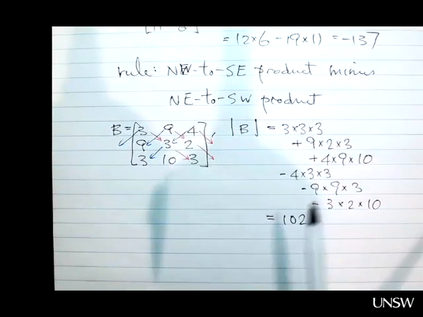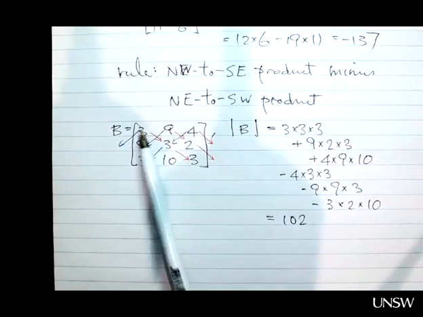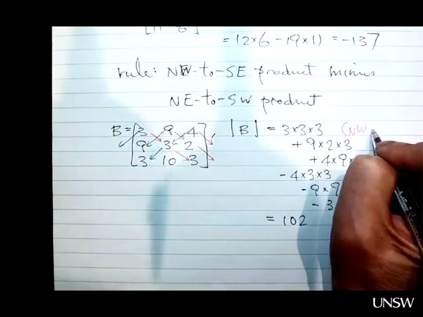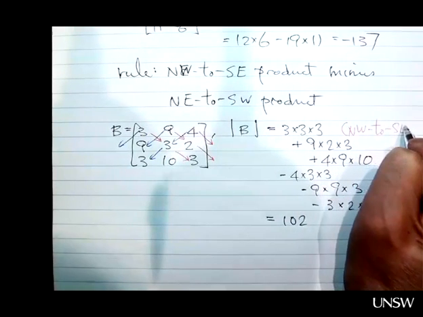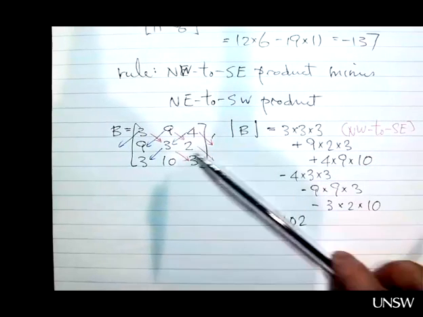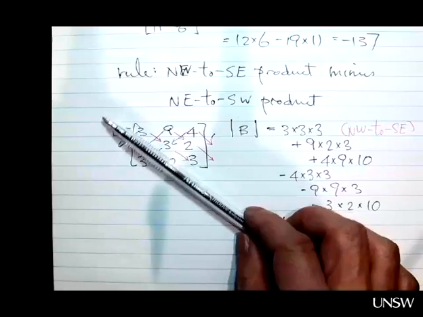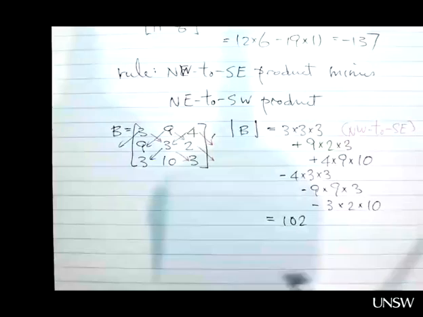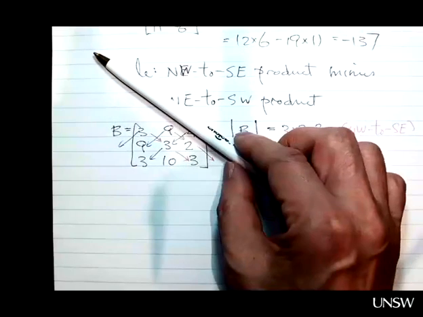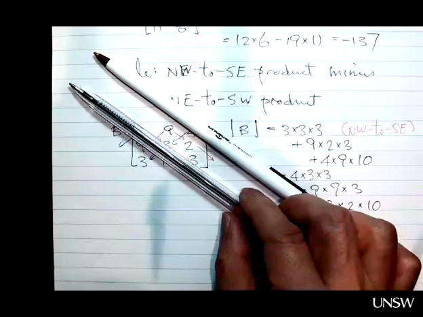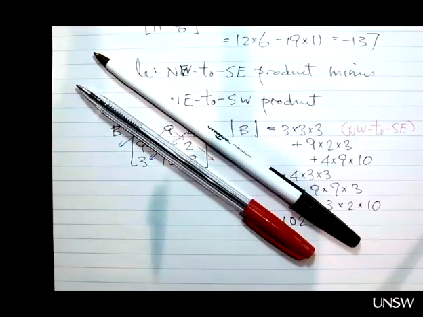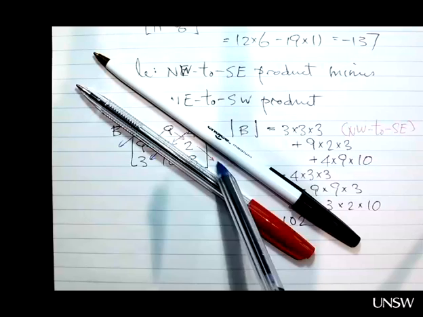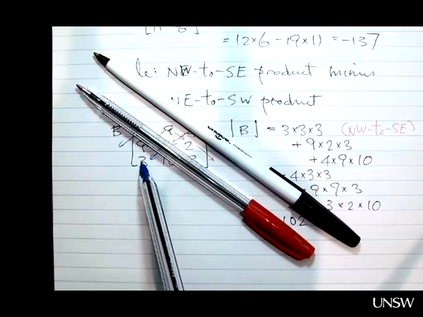Okay. First of all, this one is the northwest to southeast. This part. Okay, and then the next one, 9 times 2. It is 9 times 2. What is here? This one is this 3.